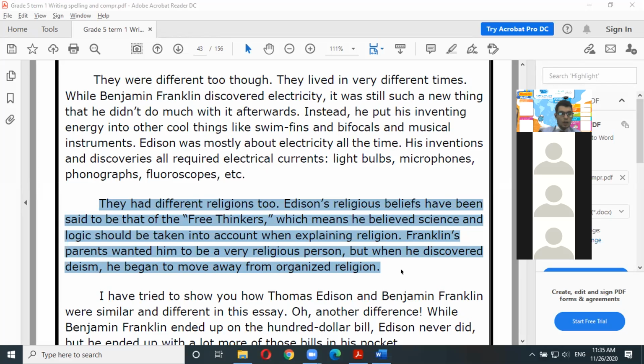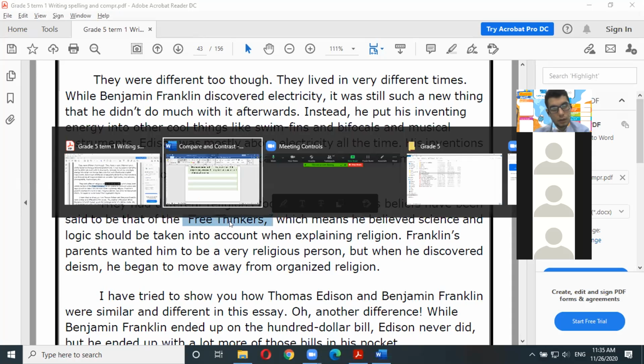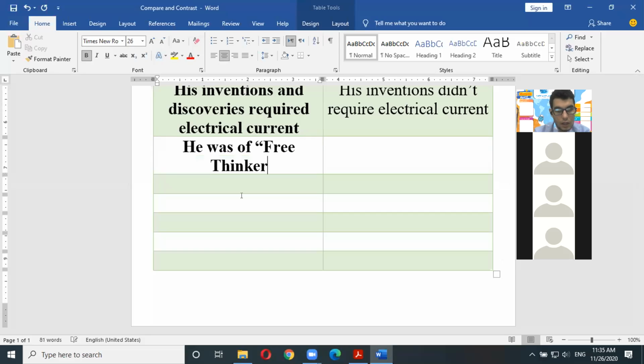Edison was a free thinker. Very good. So Edison here was one of the free thinkers, that he didn't believe in God. He only believed in science. Got it? He was a free thinker.